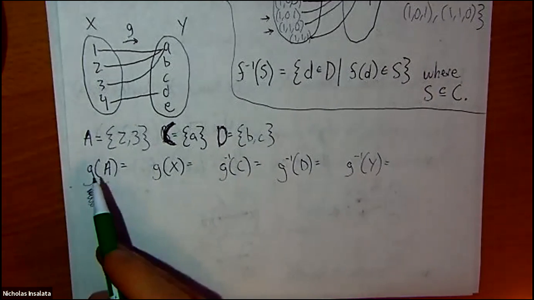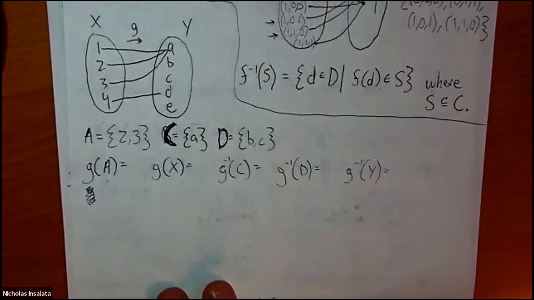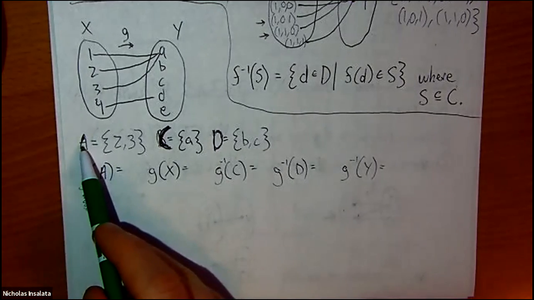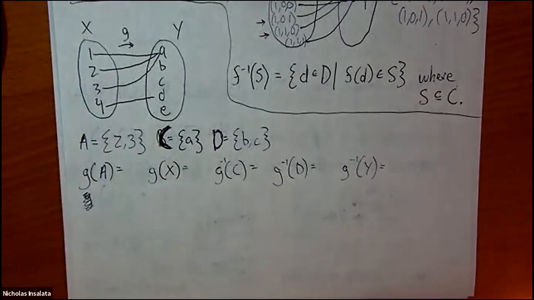So let's start out with G of A. So what is this question asking, first of all? Can you describe it to me? G of X, not exactly. Nope, not quite. So A is a subset of the domain X, right?